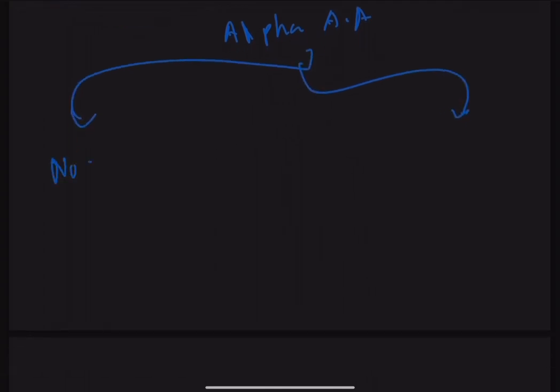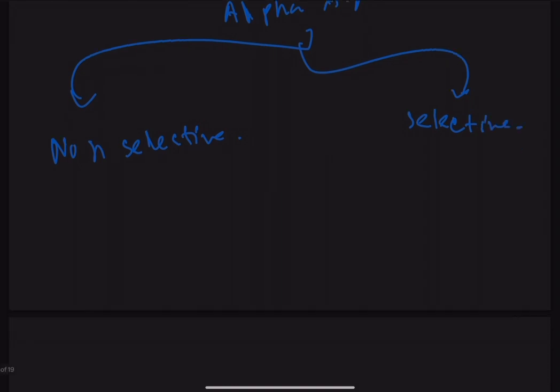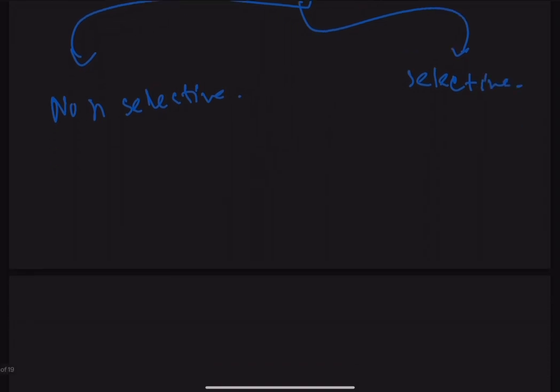So we can divide this alpha adrenergic antagonist into two types. There is non-selective and there is the selective alpha adrenergic antagonist. Okay, so non-selective can be divided again into two types.